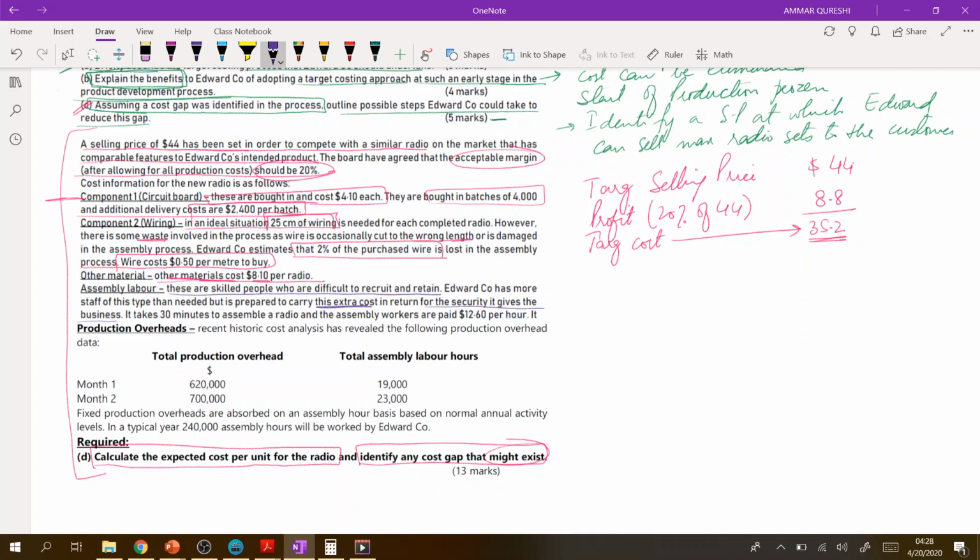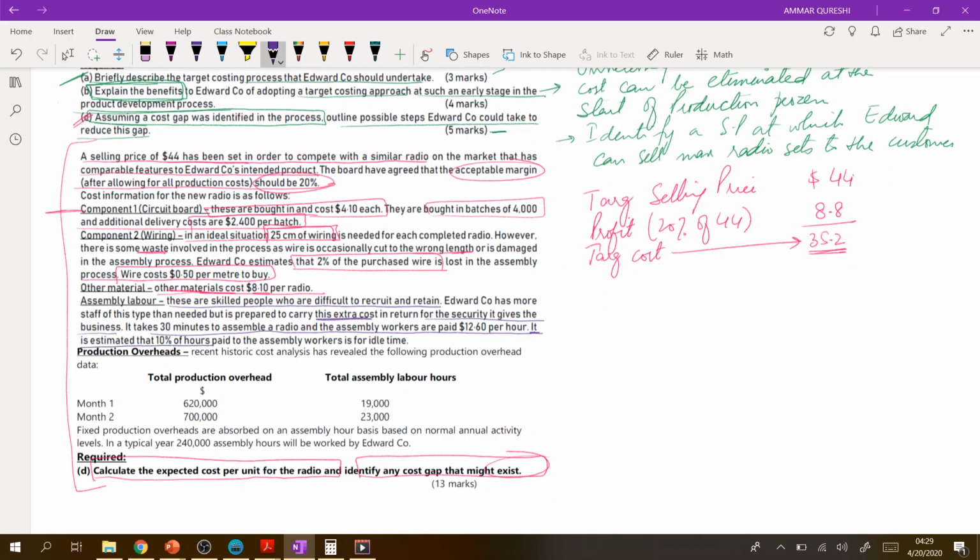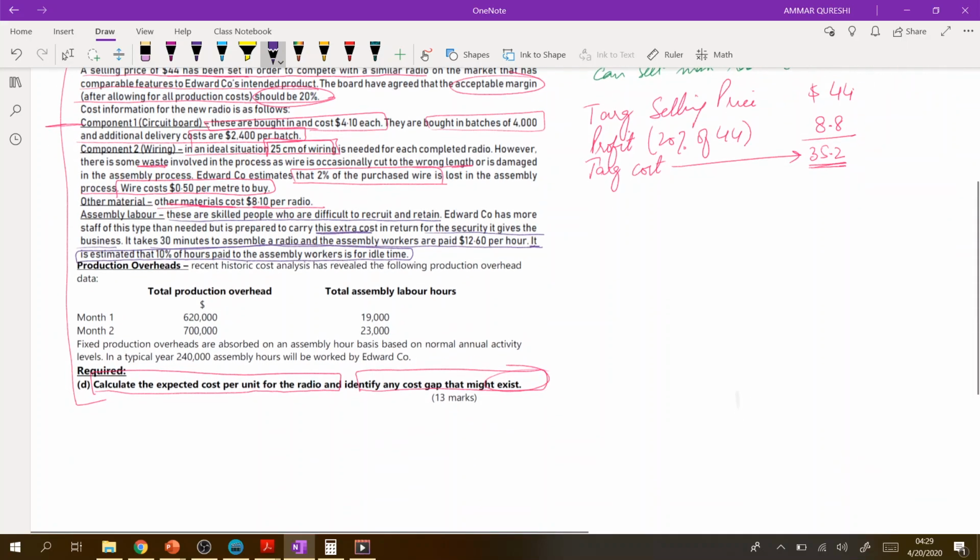It takes 30 minutes to assemble a radio and the assembling workers are paid 12.6 an hour. Now, it is estimated that 10% of hours paid to the assembly workers is for idle time. So there is an idle time issue here as well.